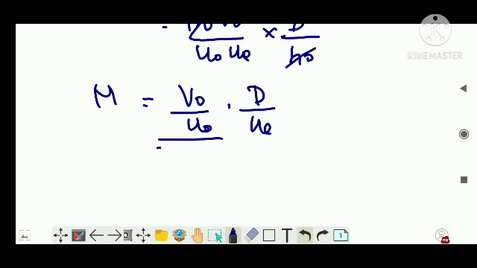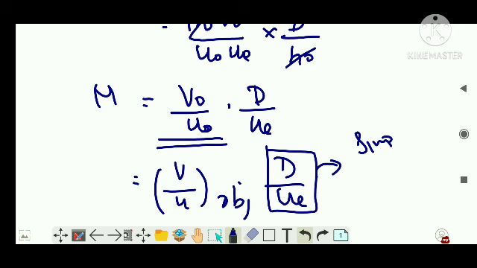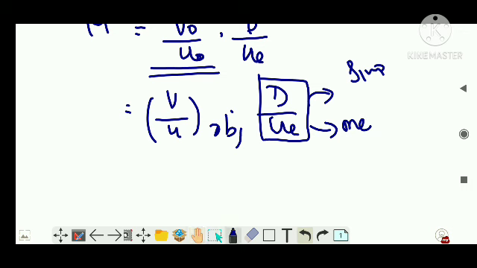And now you know V by U of the objective lens, this is V by U of the objective lens. And this D by U is actually the magnification of our simple microscope, remember? I told you the eyepiece acts as a simple microscope, so this is the magnification of the eyepiece. And for any convex lens, V by U gives the magnification.